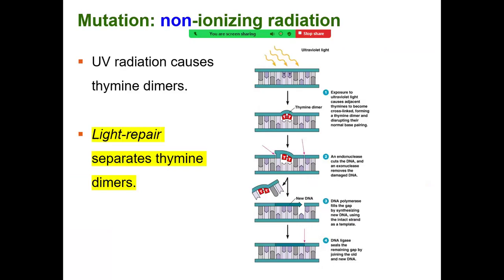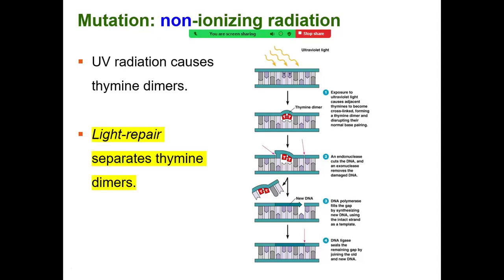This region of the DNA cannot be transcribed and it cannot be replicated with the thymine dimer in it. The thymine dimer has to be removed and then new bases put in, the correct bases in this case, before this region can be transcribed or replicated. And that is how UV light causes mutations.